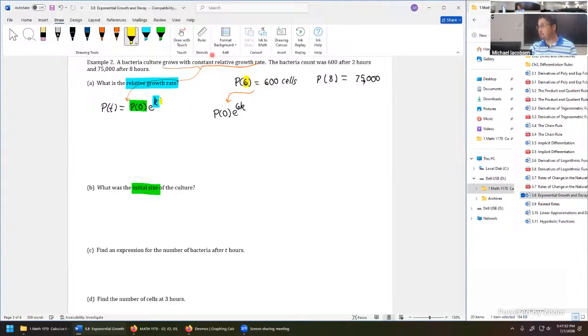So all I've done here is swap t for 6. I also put the 6 in front of the k, just looks slightly better that way, equals 600. So that's one equation we get.